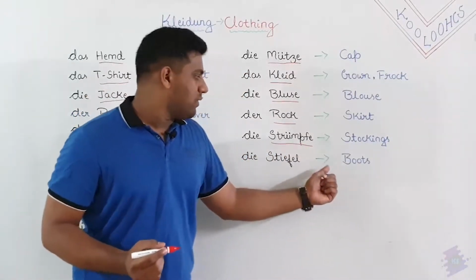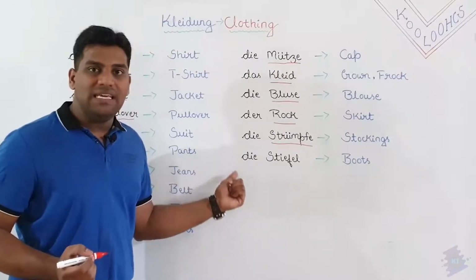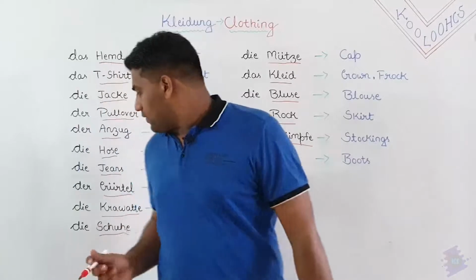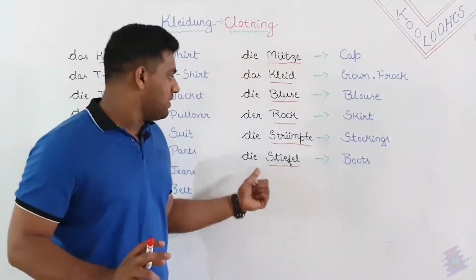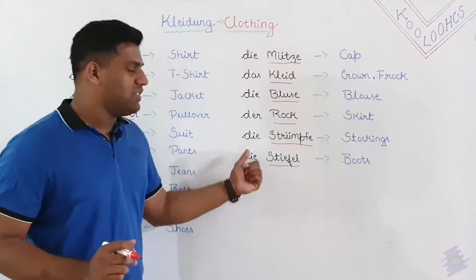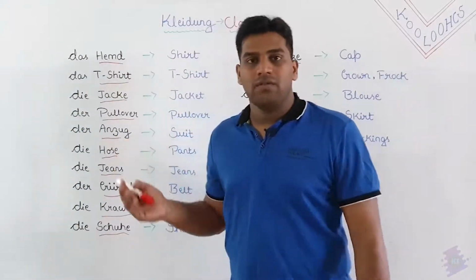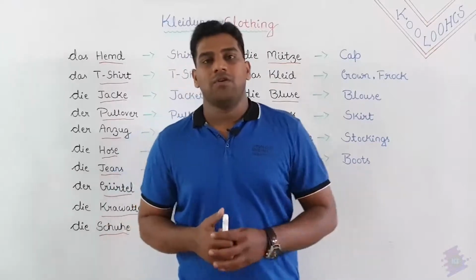Next is boots. Boots is called Stiefel, die Stiefel. Shoes is called Schuhe. Boots is called Stiefel. There is a difference, die Stiefel. So these are the different male clothes and female clothes that you normally come across.